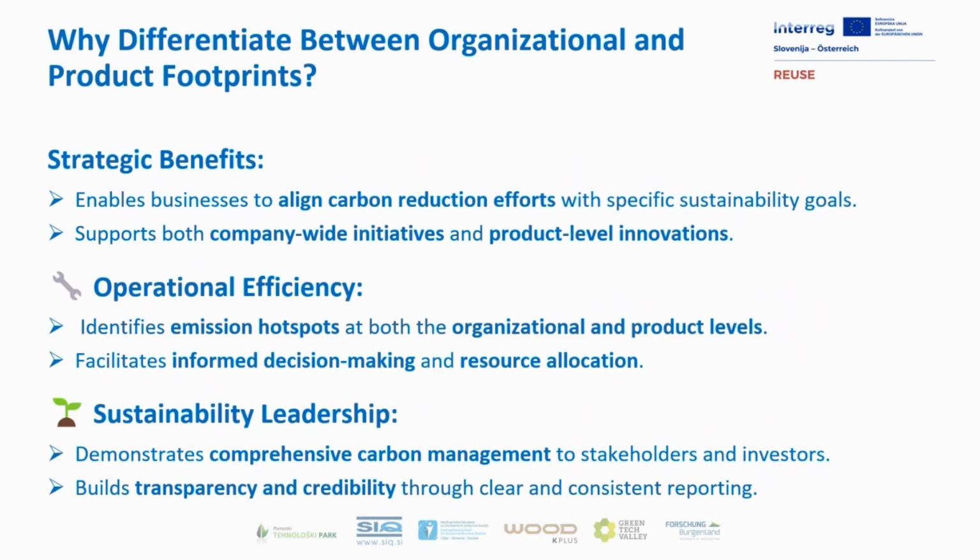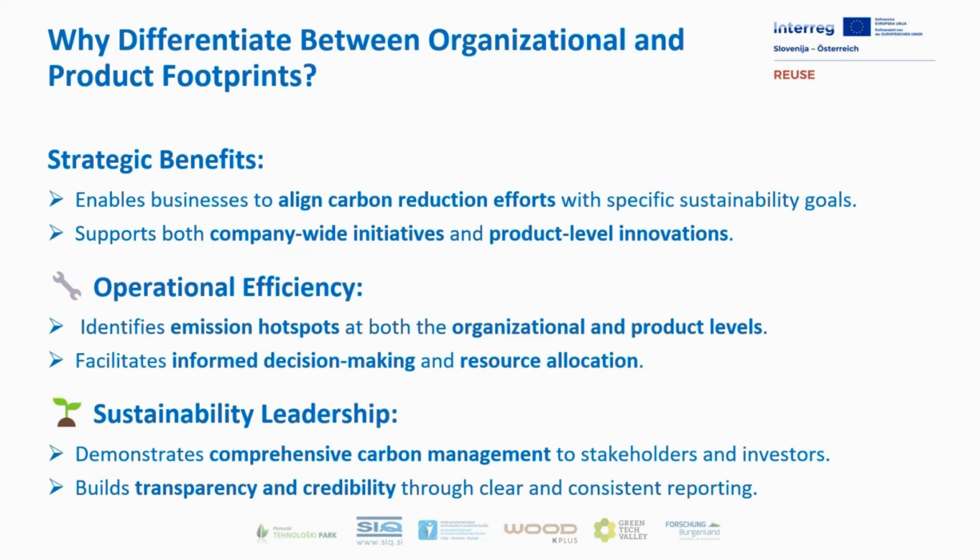The organizational carbon footprint, like we said, provides an overarching view of companies' environmental impact, and it is crucial for setting corporate level goals and for identifying high-level opportunities to improve sustainability, such as optimizing energy use or reducing emissions in the supply chain.